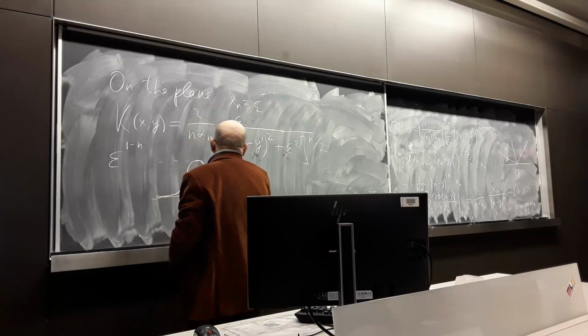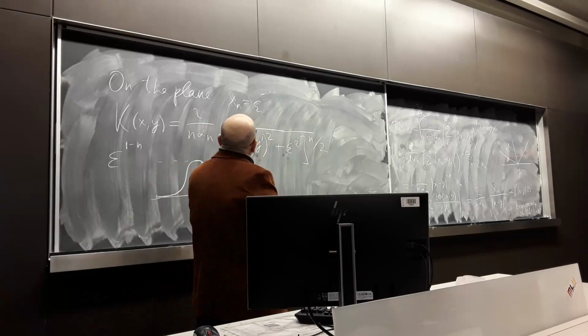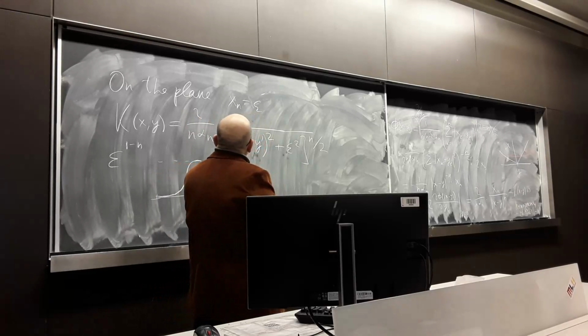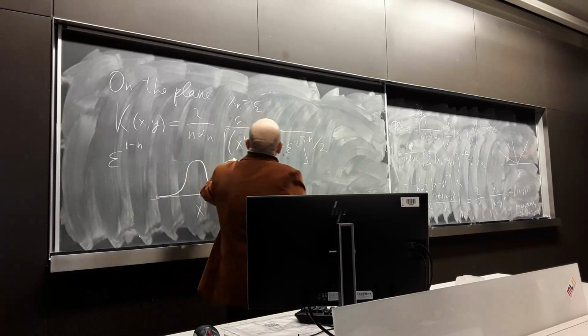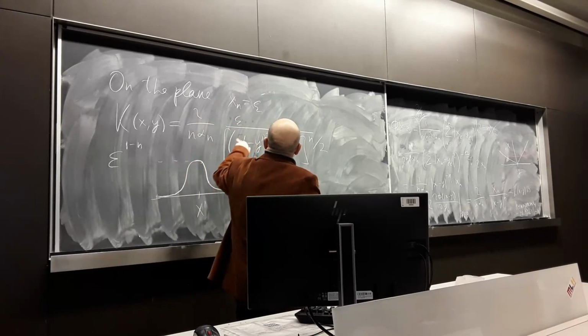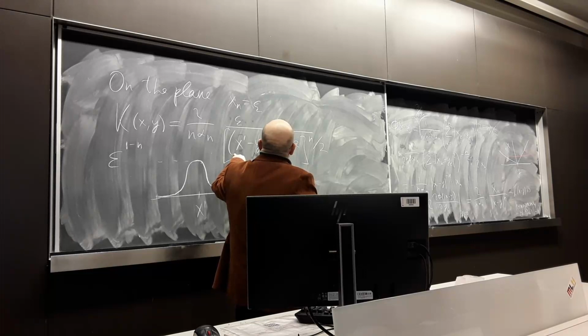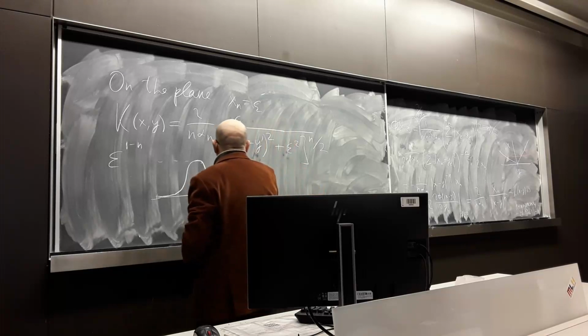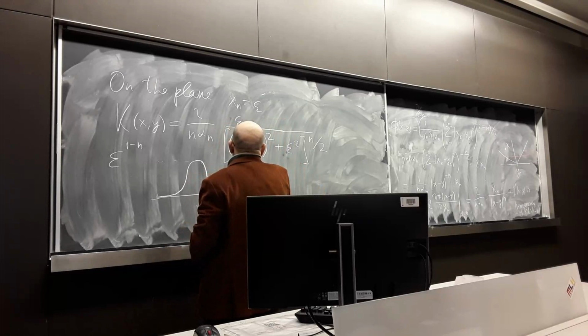When it becomes of order 1, then it is of order epsilon, so |x' minus y'| to the power n should be of order epsilon. So it is epsilon to the power 1 over n.